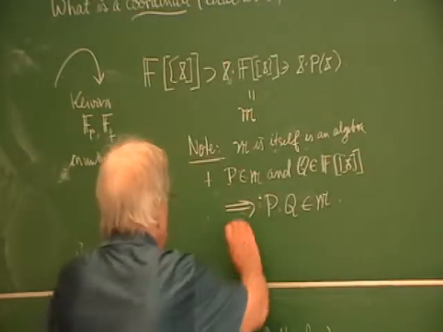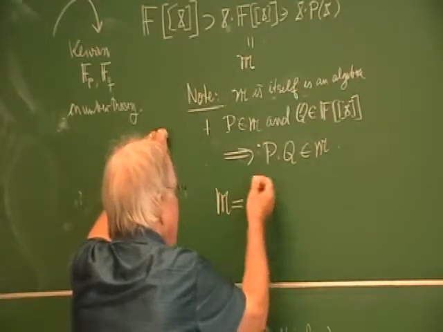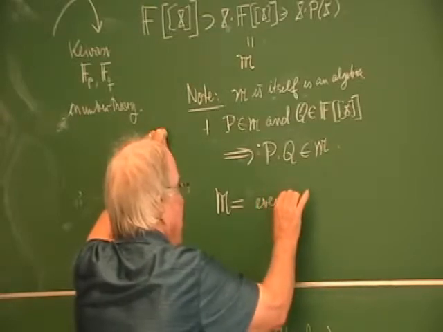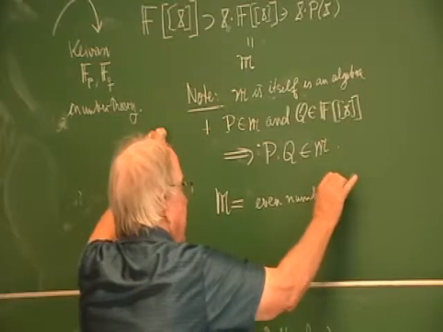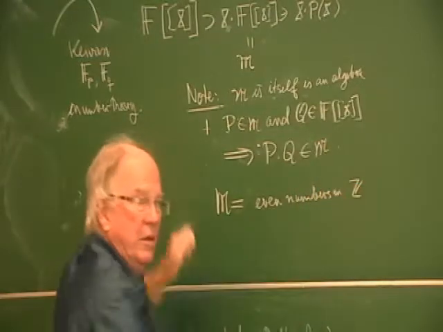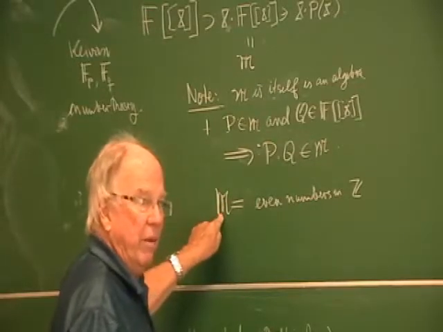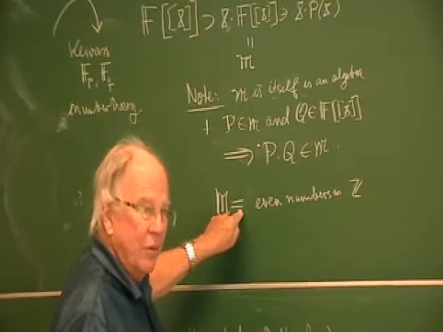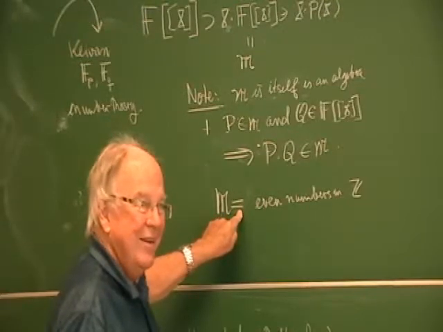If you look at the example of M equals something like the even numbers in the integers, right? If you multiply anything in M, any even number, by anything, you're still even. Okay? But you need to multiply by some integer, at least.